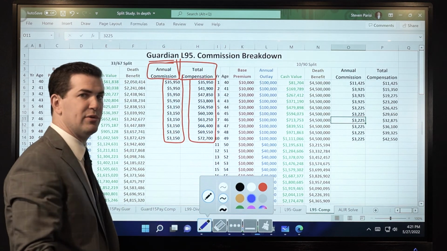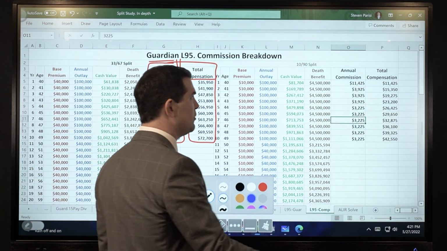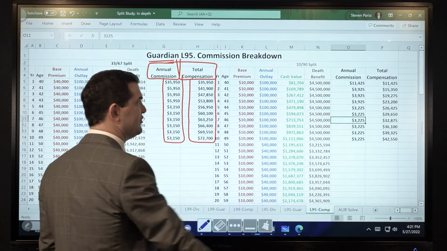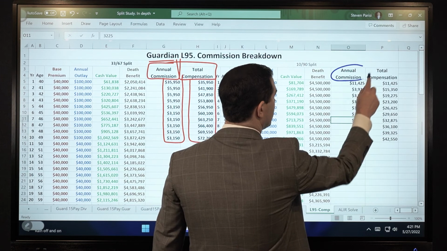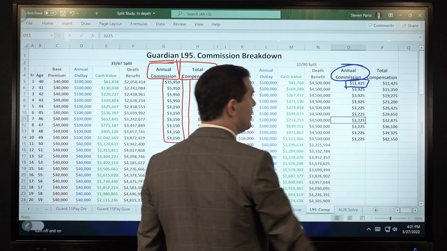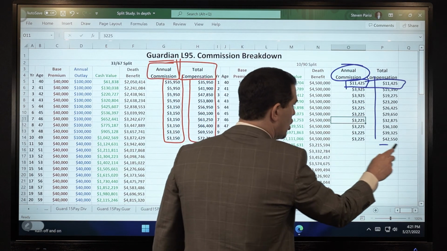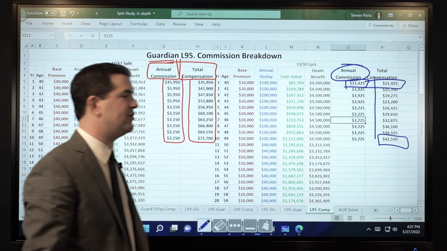So 40-60 split, higher base premium, $72,000, almost $73,000 total. The first year, $36,000. Over here, the 10-90 split, $11,400. In the first year, total $42K and change.